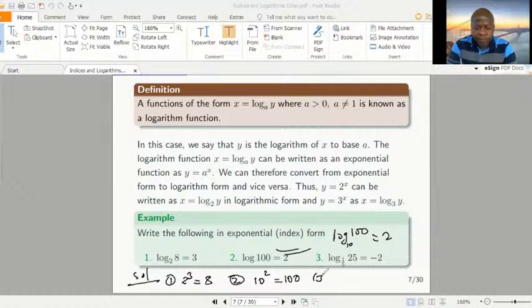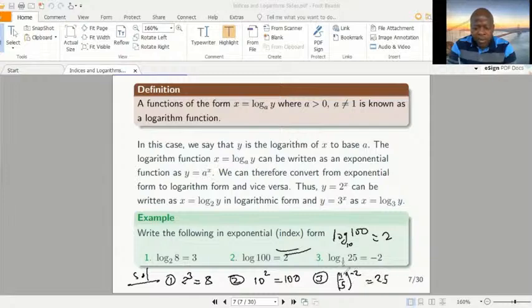Number 3, here the base is 1 over 5, and we have 25 to go to where negative 2 was. That means 1 over 5 raised to negative 2 would be 25.